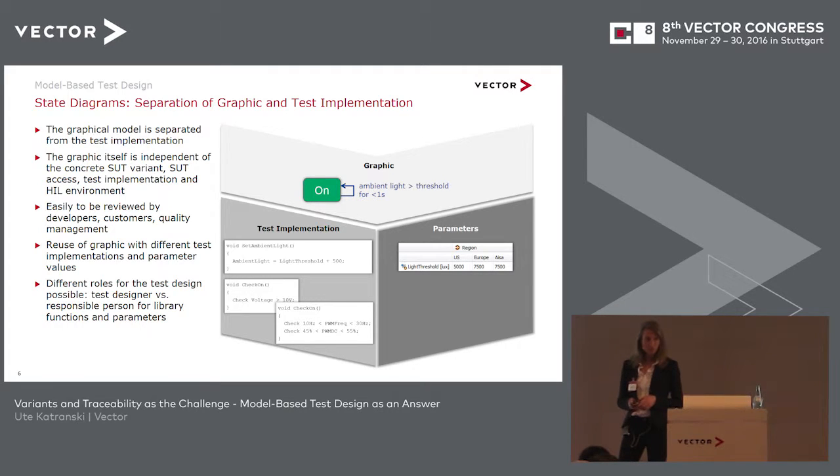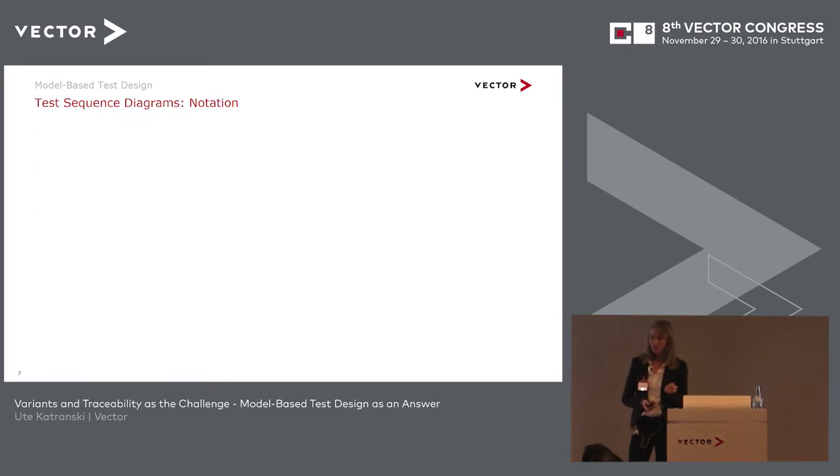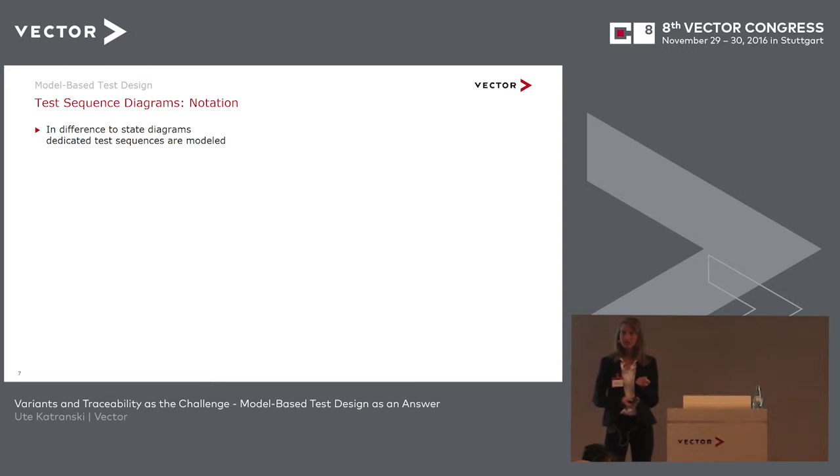On the other hand, what can happen is I can say, well, that's all fine and well, but the coincidental generation of test cases from my state diagram might not help me if I have to model a test sequence where I have a certain sequence of commands in order to put my system into a certain state. For this purpose, we have the notation of so-called test sequence diagrams.